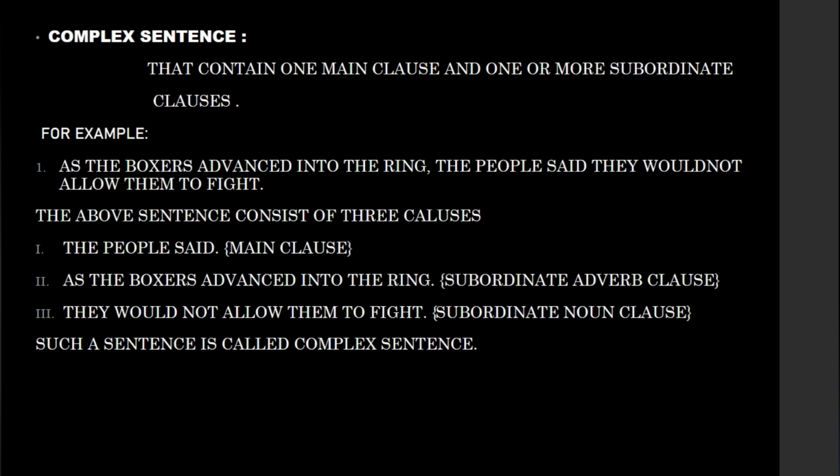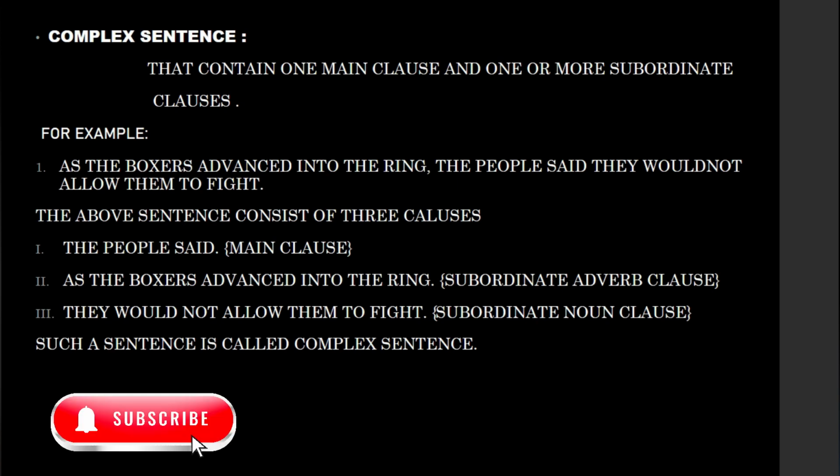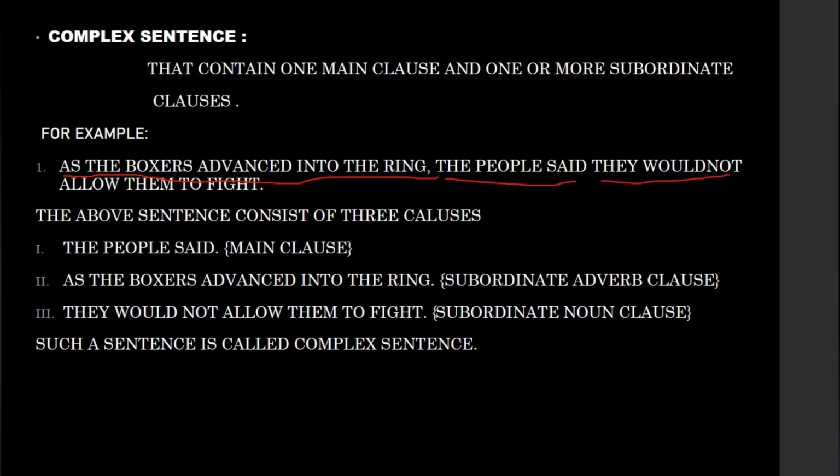For example: as the boxers advanced into the ring, the people said they would not allow them to fight. So here we have three clauses: "as the boxers advanced into the ring," "the people said," and "they would not allow them to fight." Here "the people said" is our main or principal clause.